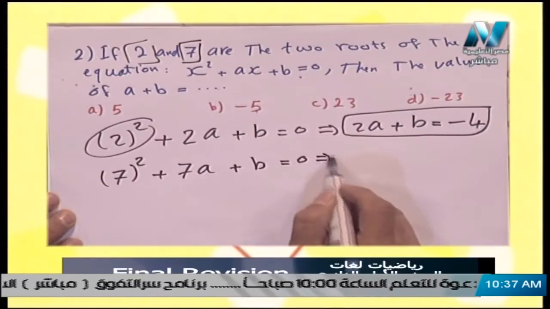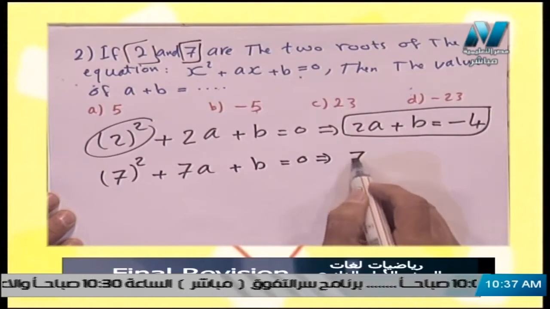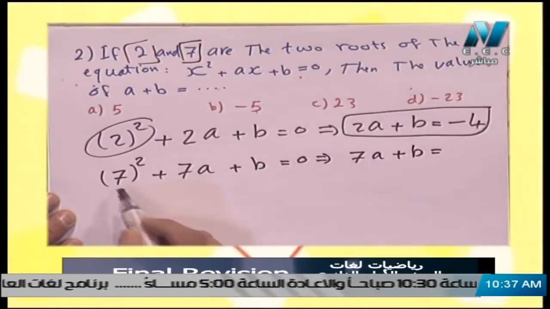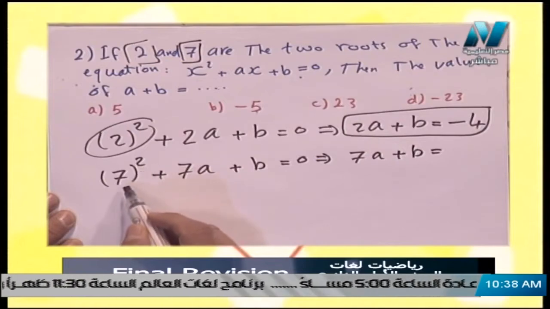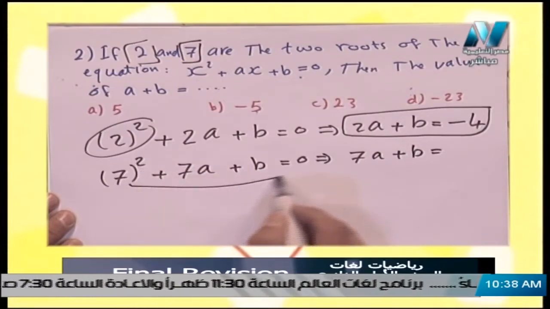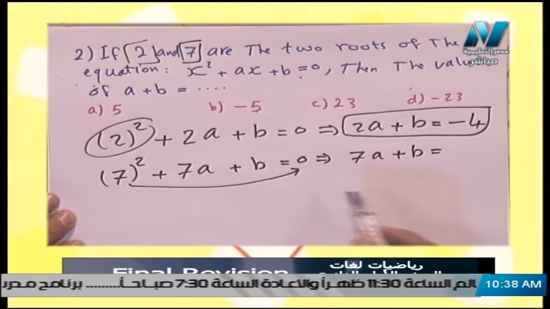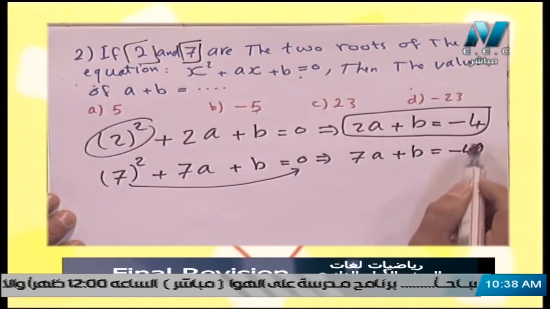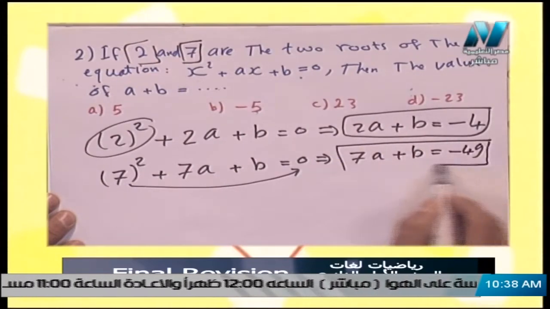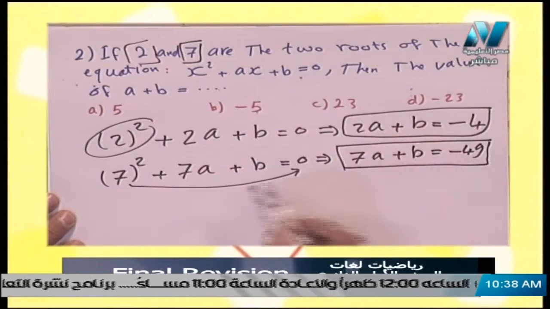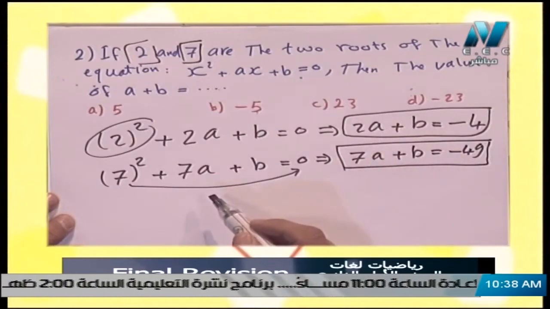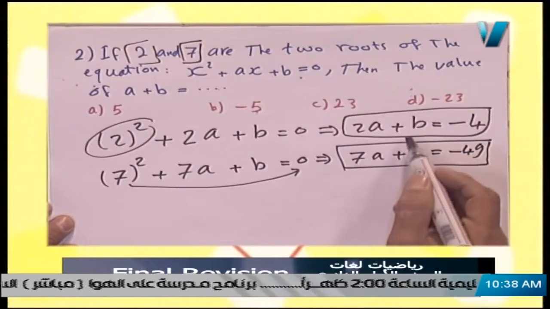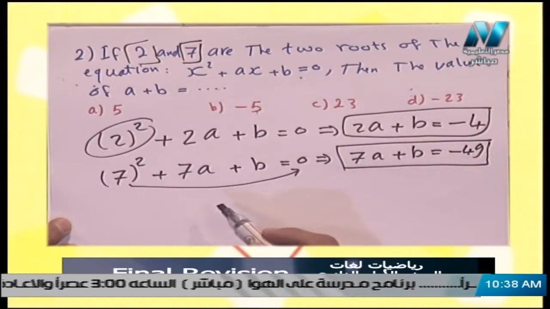So we have an equation now: 7a plus b equals, we have 7 power 2 here equals 49, and we transfer it to the other side by negative, so it will be negative 49. We have two equations in two variables here, and it's easy to solve.